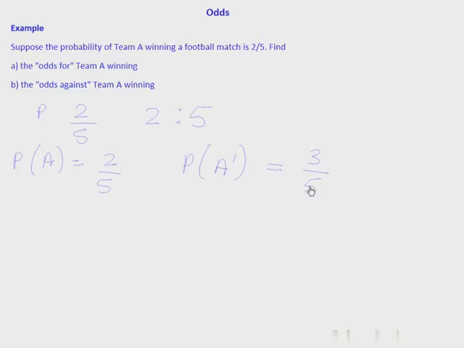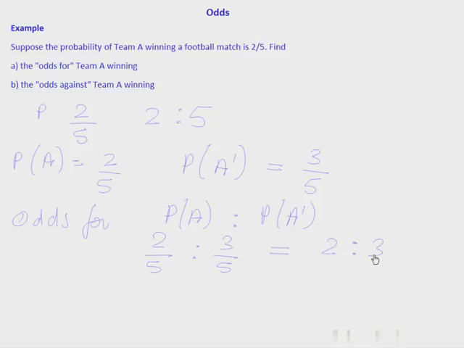Now the odds for are basically the ratio of P(A) to P(A'). So in this case, it is 2/5 is to 3/5, which is the same as 2:3.